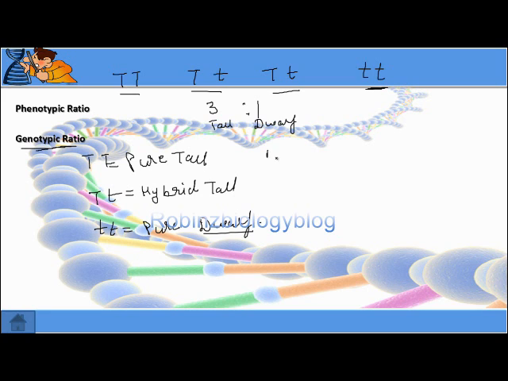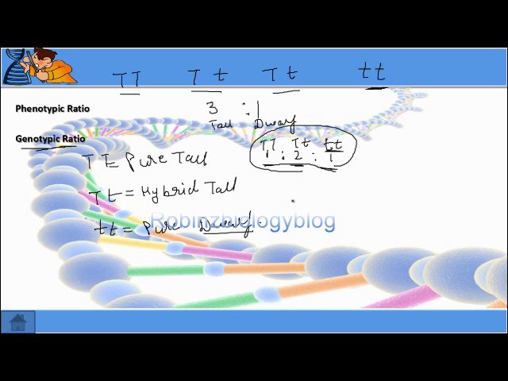So we have one which is TT, two which are like this, and the one which is like this. So 1 is to 2 is to 1. 1 pure tall is to 2 hybrid tall is to 1 pure short. So this is how we say the genotypic ratio is 1 is to 2 is to 1.